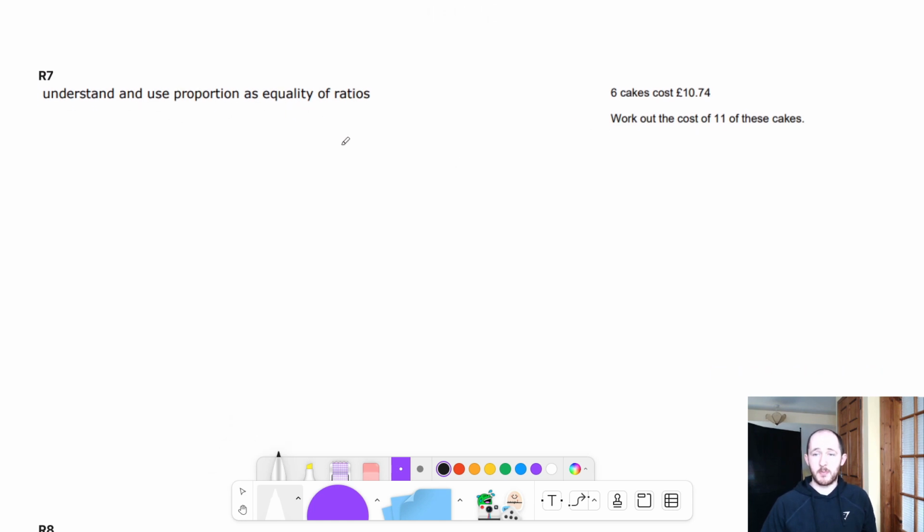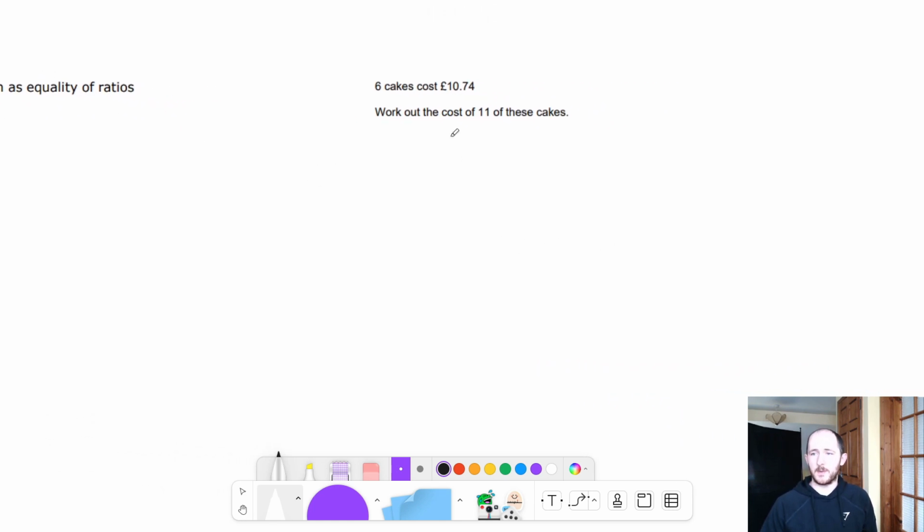Understand proportion and use proportion as equality of ratios. So if they're saying that 6 cakes cost £10.74, you could write that as a ratio instead. And when you're going to 11, it should cost proportionally more money, right? In the sense that if I buy twice as many cakes, it should cost me twice as much money. And all that means is that the actual proportion stays the same.